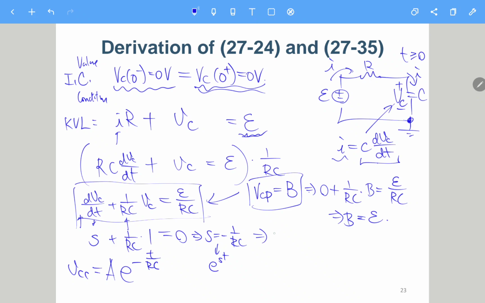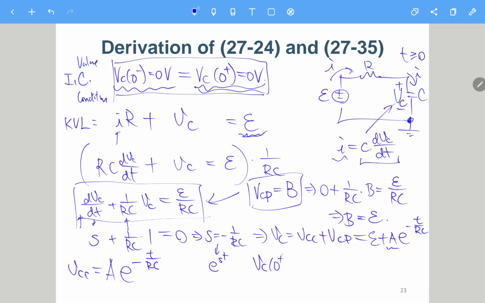So the complete solution VC will be VCC plus VCP, which is E plus A exponential to negative T over RC. Finally we need to determine A. Hope you still remember we have the initial condition, which means that we can plug in 0.